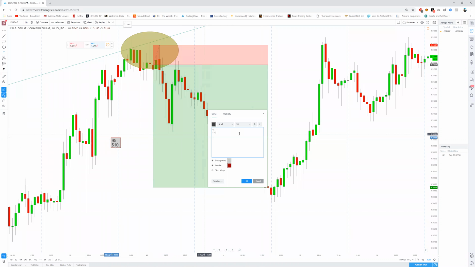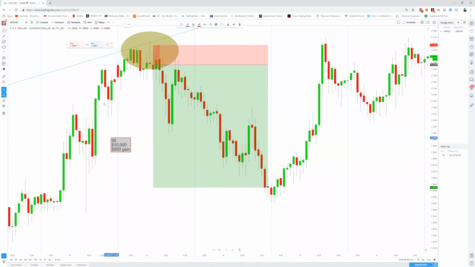Let's do this really quick. So that would be $950. All right. This is a pretty good trade.